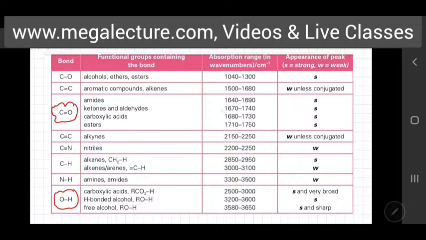There's going to be a strong absorption in the 1600, 1700 range. For a carboxylic acid, that's very easy to detect. If there is an OH bond vibrating in a carboxylic acid, there's going to be a strong and very broad absorption in the 2500 to 3000 range. So look for these two bonds first.